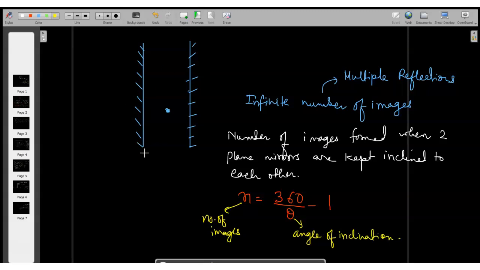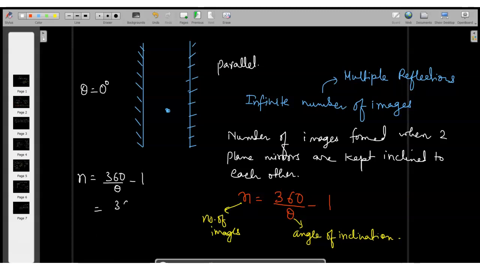So now you put the values in the formula. If you want to calculate the number of images over here, n is equal to 360 by theta minus 1. Now here the two plane mirrors are placed parallel, right? When they are placed parallel, the angle between them is 0 degrees.